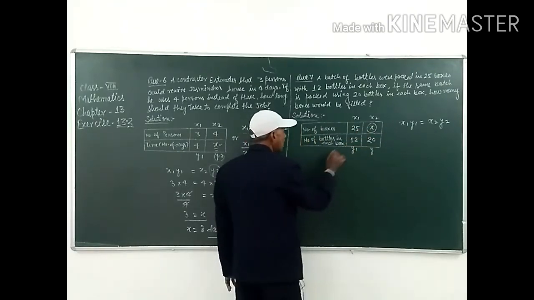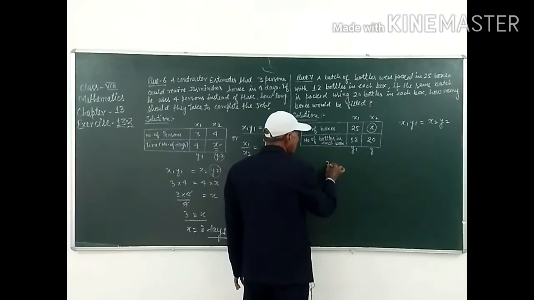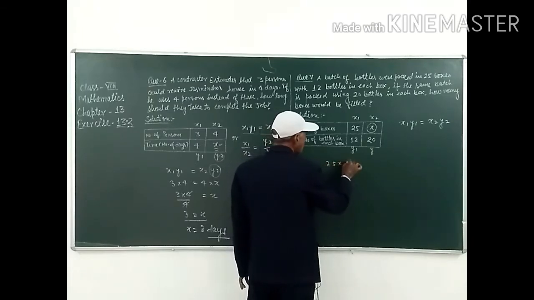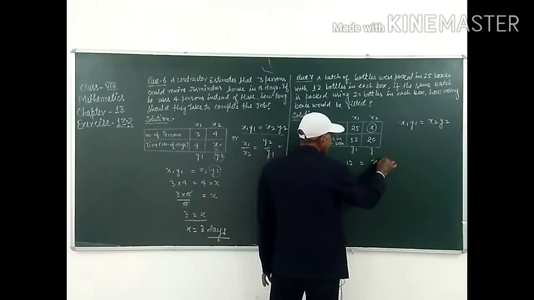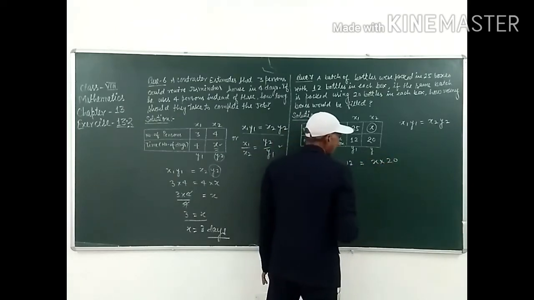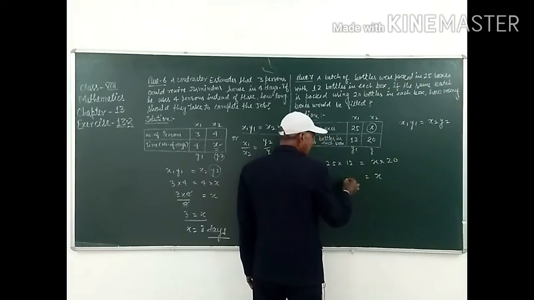Using this formula we will write 25 into 12 is equal to x into 20. So x is equal to 25 into 12 by 20.